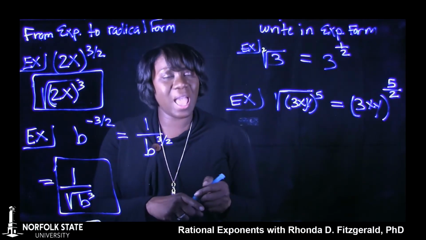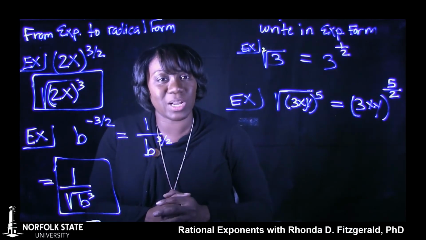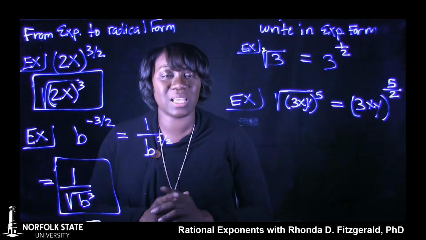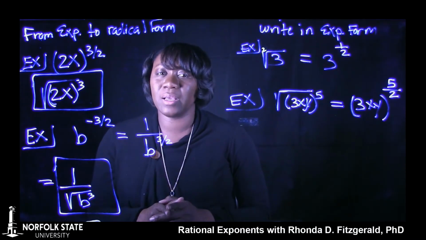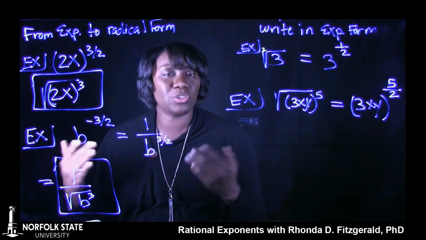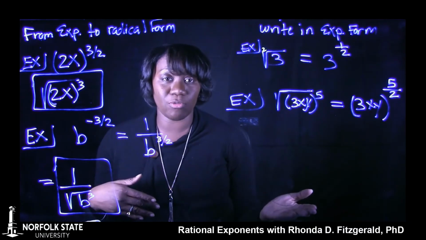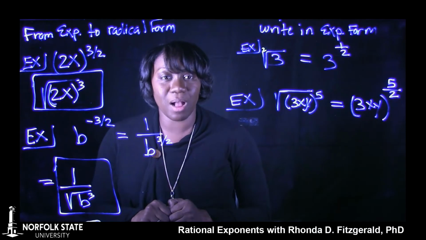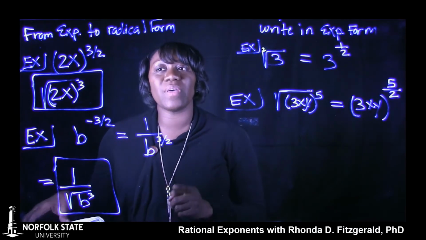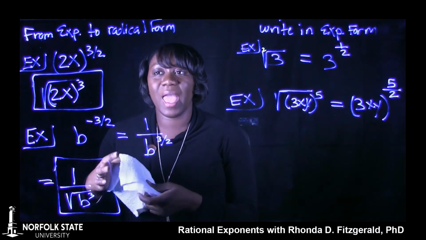Now let's look at how I would simplify expressions. In the examples we've looked at so far, all we've done was rewrite from exponential to radical form, or from radical form to exponential form, just rewriting. How do we simplify problems that have rational exponents?